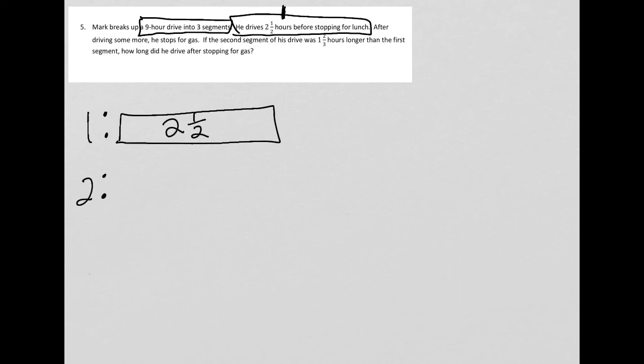So I'm going to do a tape diagram here that represents segment number 1, and we know it's 2.5 hours. After driving some more, he stops for gas. So we'll call that segment number 2. If the second segment of his drive was 1 2/3 hours longer than the first, we know the second segment is longer.